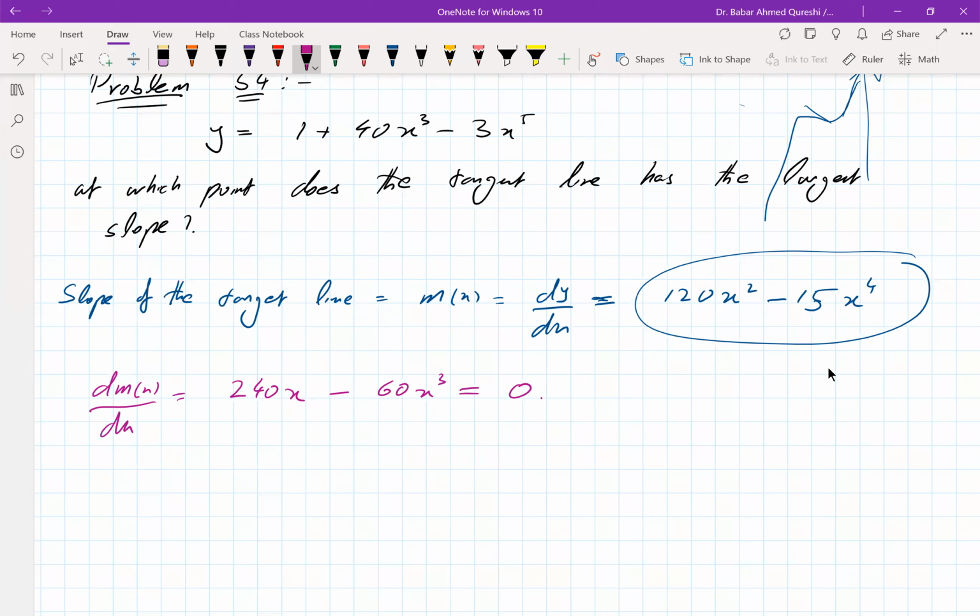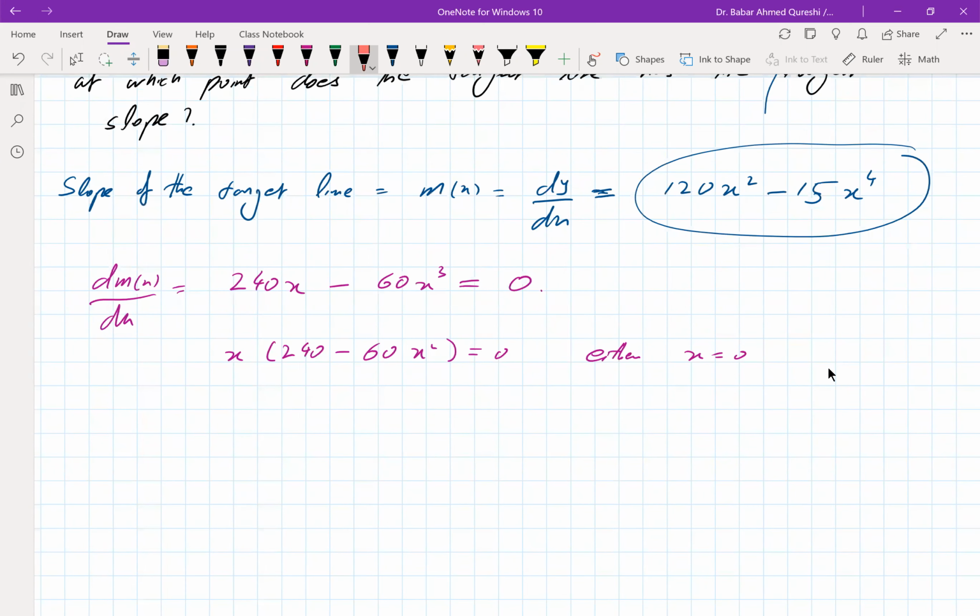So if I put this equal to 0, this has solutions x is 0, or x square is 240 over 60. So that's 4. Is it? No.